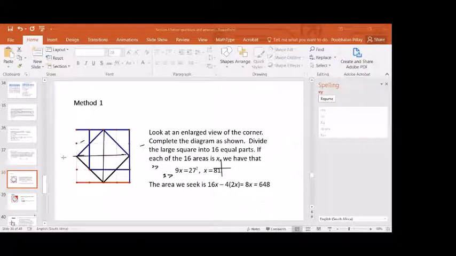The diagonals of a square bisect each other at 45 degrees. So this angle here is 45, and therefore this will have to be 45. So you've got all these angles of 45 degrees like this. But the thing is, this point here, we don't know where it is.